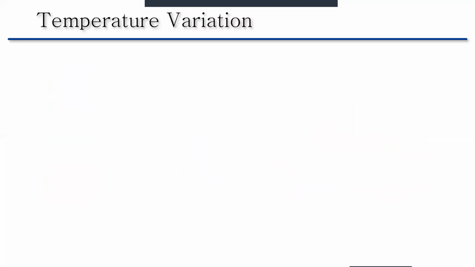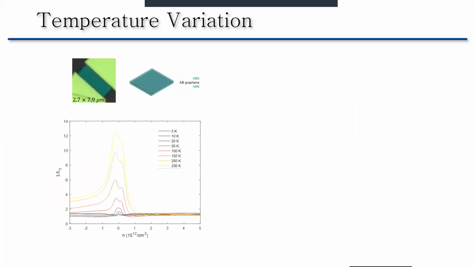So let's look at what happens when we vary the temperature. Here's the dirty case. Here's our dirty sample, and we raise the temperature, and you see that at charge neutrality, the Lorentz number increases.